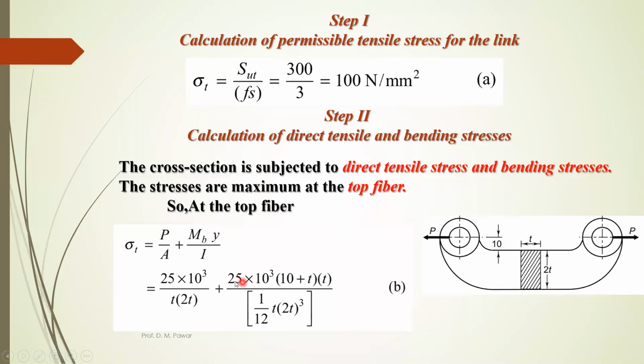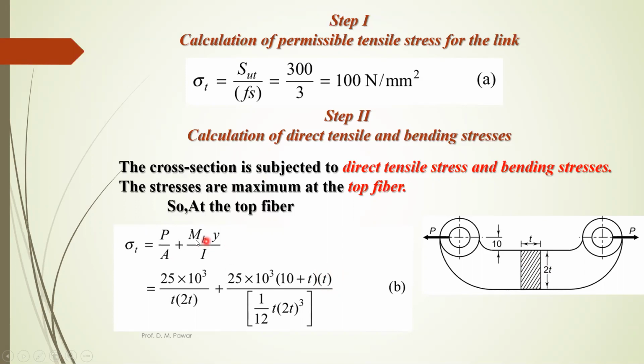The bending moment is force 25 into 10 raised to 3 multiplied by 10 plus t, the perpendicular distance. Why t is there: because we have to take the distance up to the neutral axis of the eccentric load. And y is half of the total width 2t, so the farthest distance from the neutral axis is t.